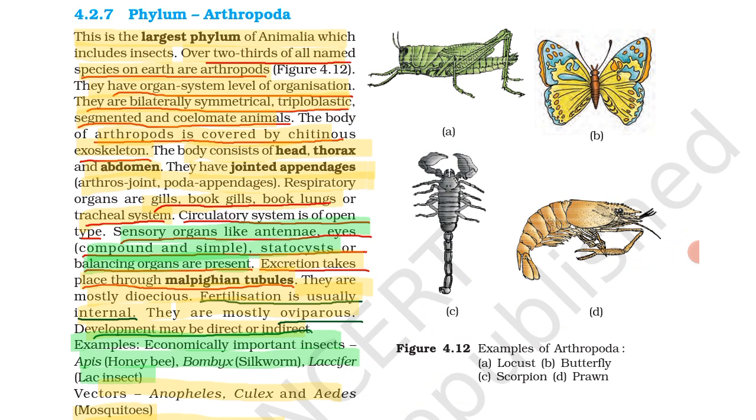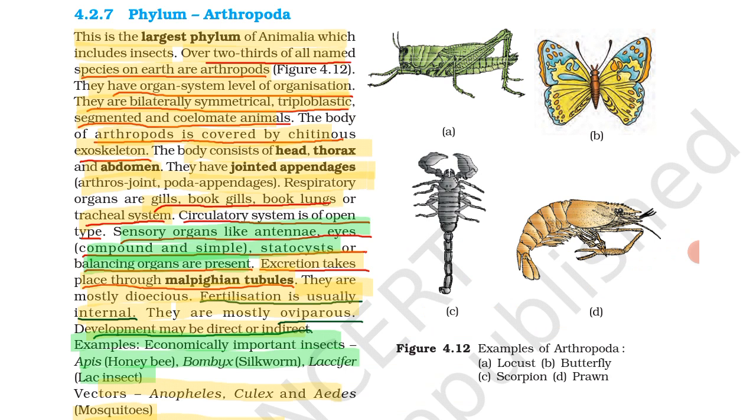So they are called bilaterally symmetrical animals. Then they are triploblastic. What is meant by triploblastic? Triploblastic means they are made up of 3 germinal layers: inner endoderm, middle mesoderm, and outer ectoderm. So they are called triploblastic animals.